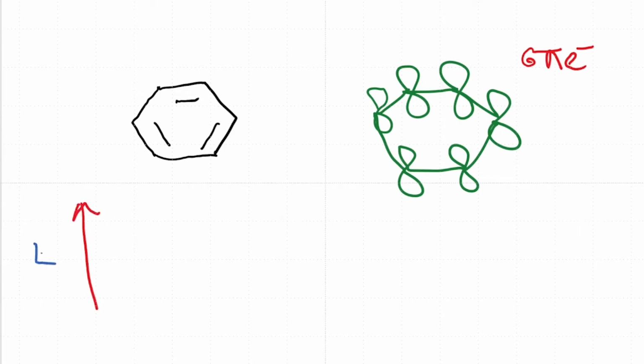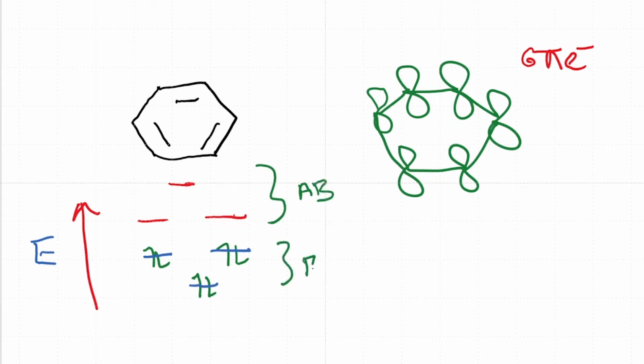We have already seen that the molecular orbital picture is going to look something like this. So here are the bonding orbitals and here are the anti-bonding orbitals. Now if you fill in electrons, you have 2, 4 and 6 electrons, and these are the anti-bonding orbitals and these are the bonding orbitals, right? So you have 6 pi electrons in the system and they are delocalized.